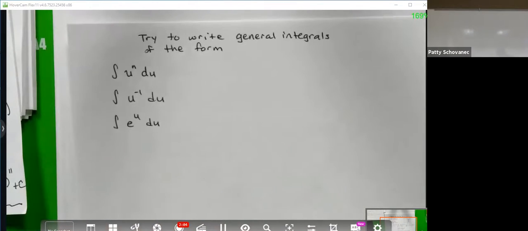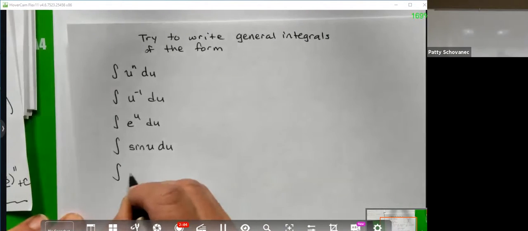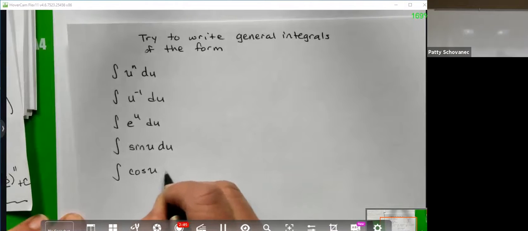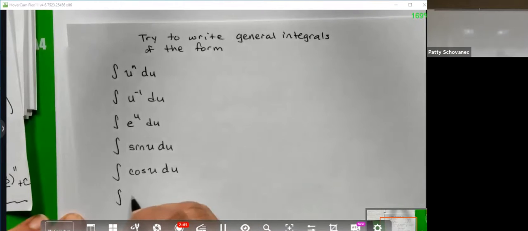What were some of the other ones we knew? Sine of u, cosine of u, secant squared of u. What else do we have? Secant of u, tangent of u.